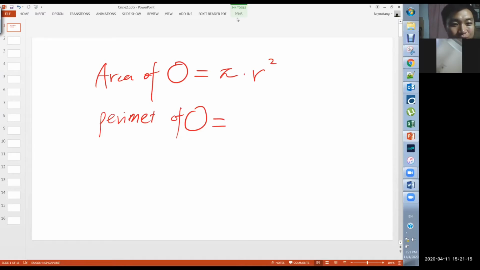Okay, perimeter equals to? 2 pi r means 2 times pi times r. Okay, good. And what else? Last one.